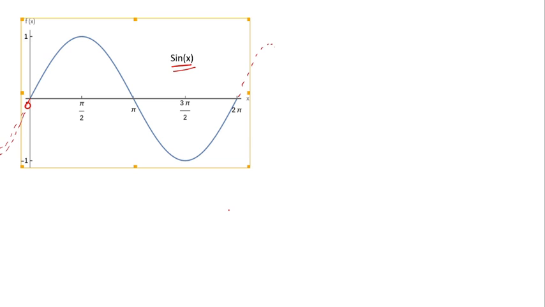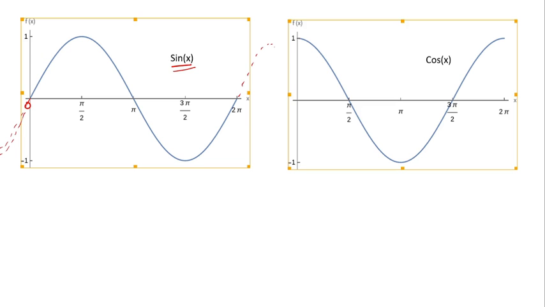The second function which you have to look at is basically cos x. Now cos x, again I have plotted from 0 to 2 pi. At 0 the value is maximum, which is equal to 1, and then it comes to 0 at x is equal to pi by 2. In the case of sine, at x is equal to 0, you are starting with 0 value.